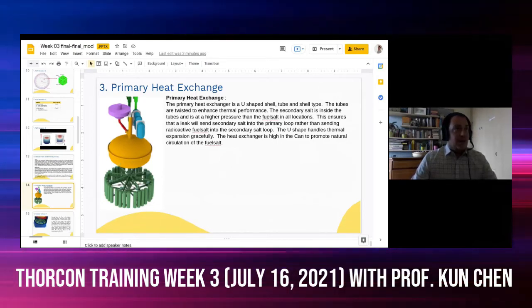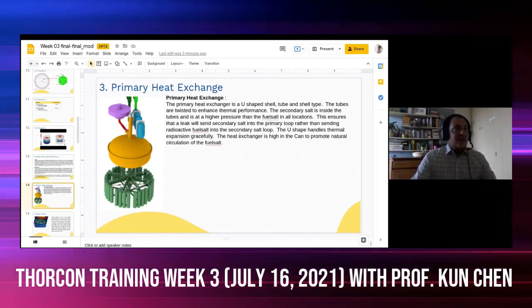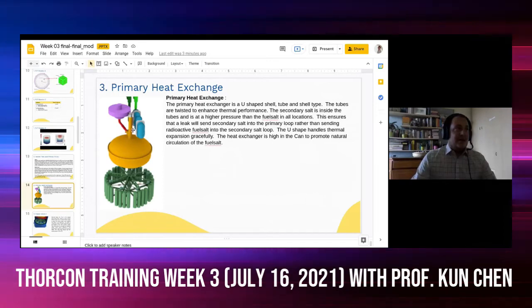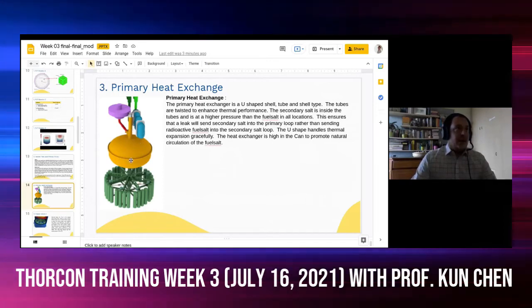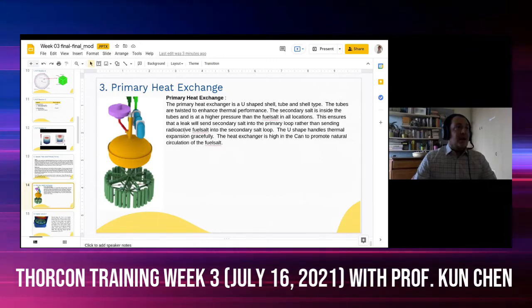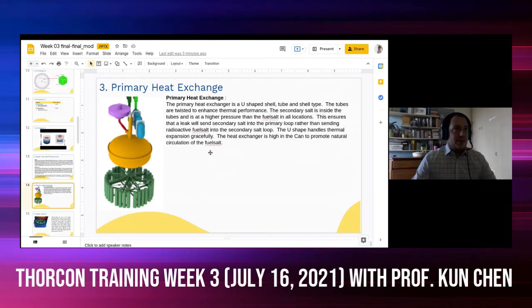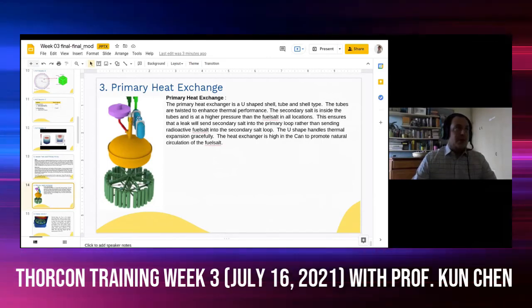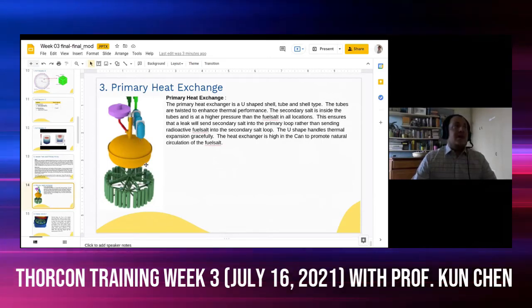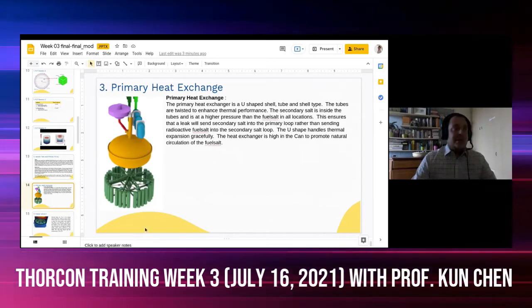The fuel salt stays in the shell side and the secondary salt stays in the tube side. In case of a leak, we'll send the secondary salt into the primary loop rather than the opposite. Also, the management of the decay heat is facilitated by having the fuel in the shell side.